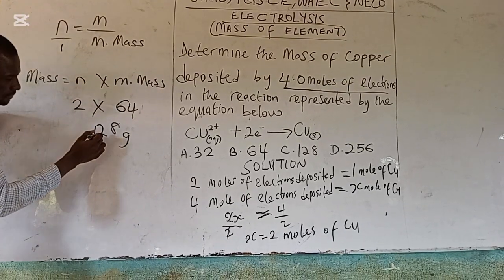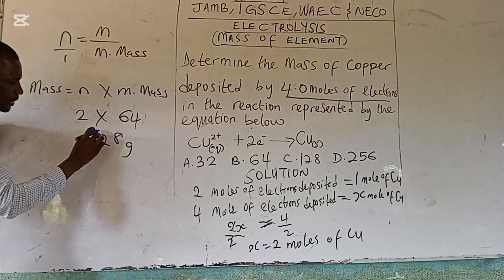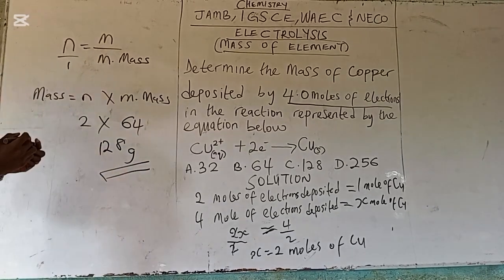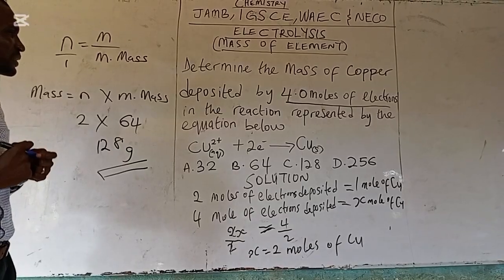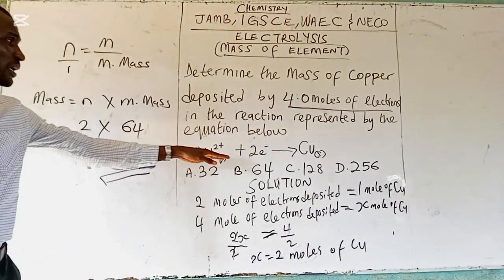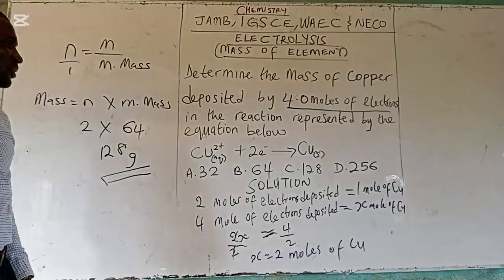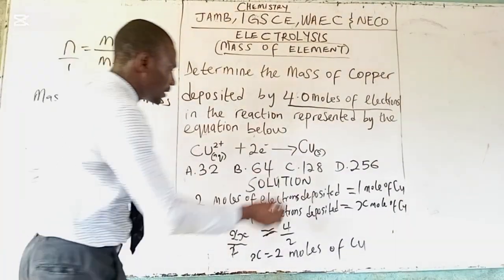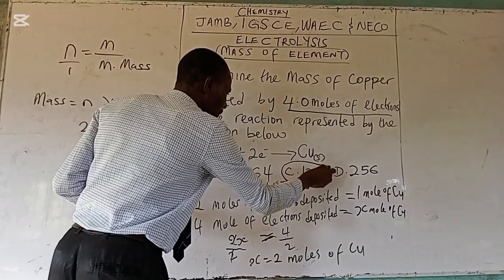That's the mass of copper deposited by 4.0 moles of electrons in the reaction according to the question. So our answer is option C.